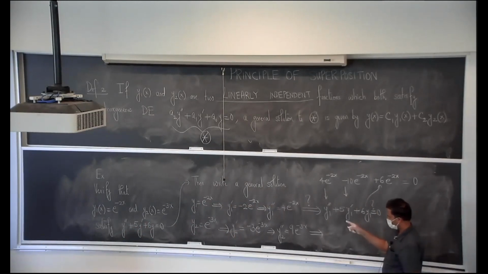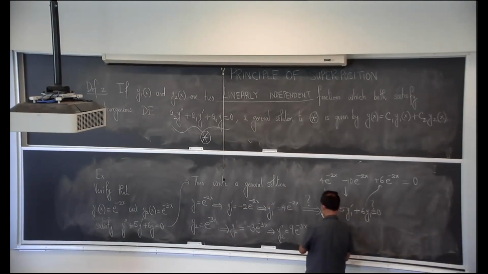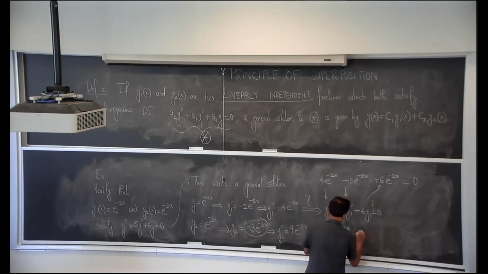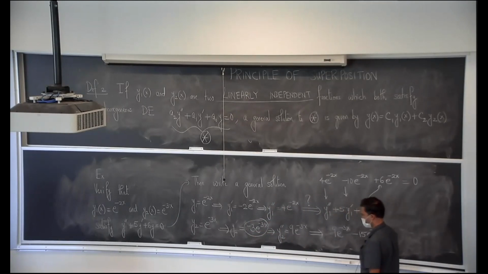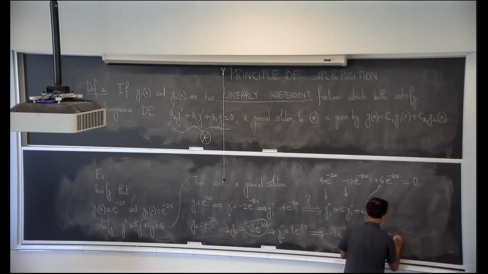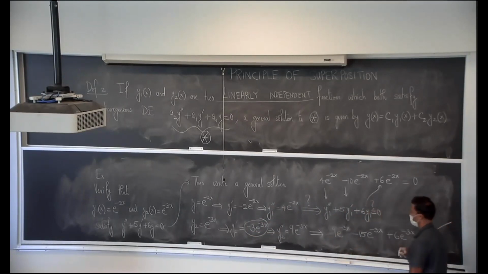So if you plug it into the equation, you get 9 e to the power of negative 3x plus 5 times y2 prime, that is going to be minus 15 e to the negative 3x, plus 6 y2, which is plus 6 e to the negative 3x. No surprise, and that is equal to 0.